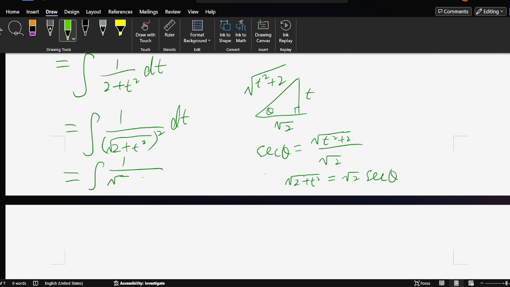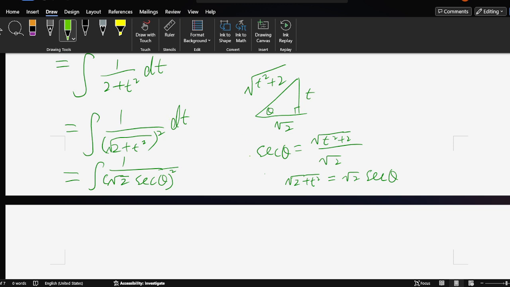So we write here the square root of 2 times secant theta, then squared.